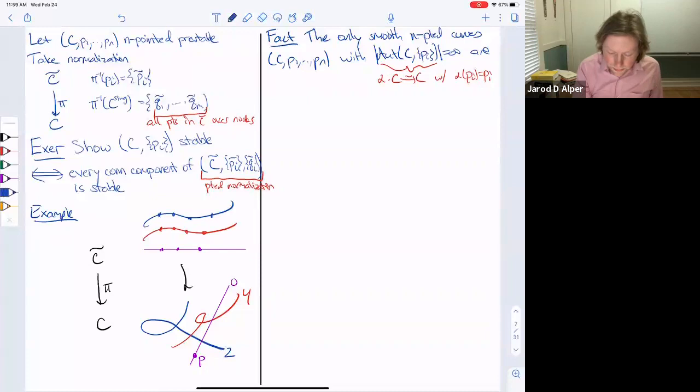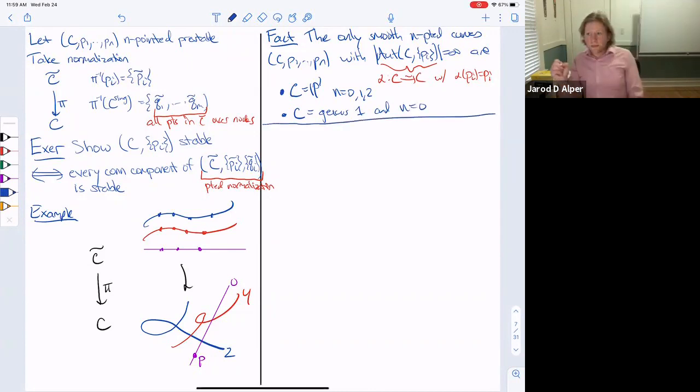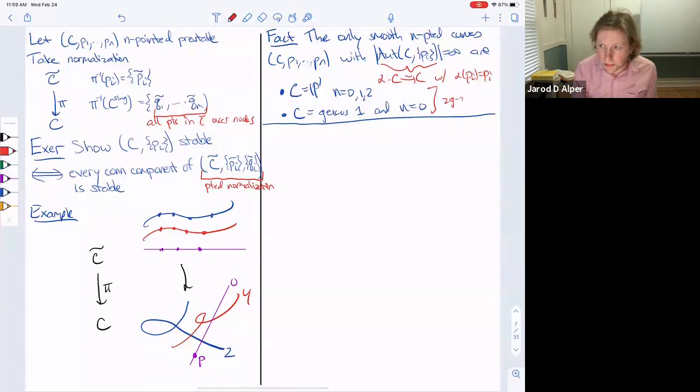And so the only curves with positive dimensional, infinite automorphism groups are either P1, where n can be 0, 1, or 2, or C is a genus 1 curve and n equals 0. And again, these are the same conditions we saw earlier, that 2g minus 2 plus n is less than or equal to 0.